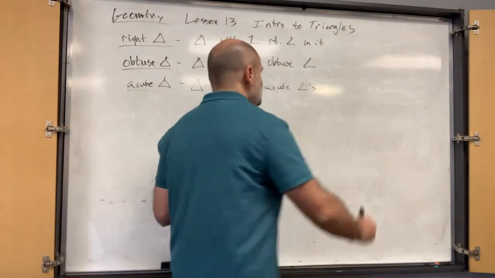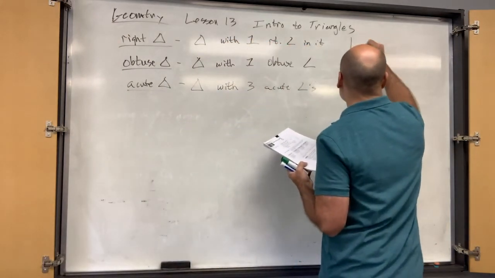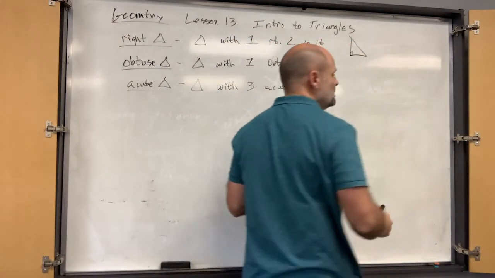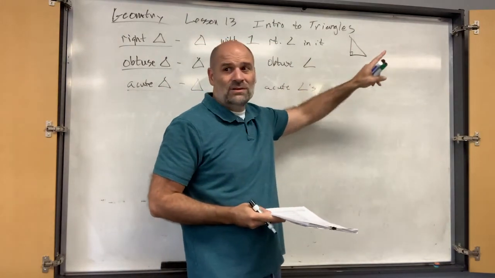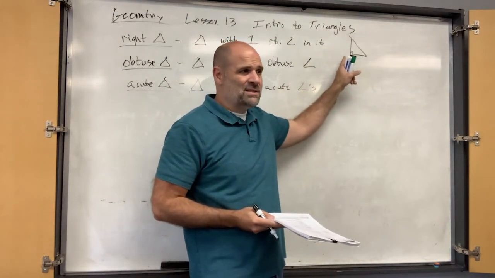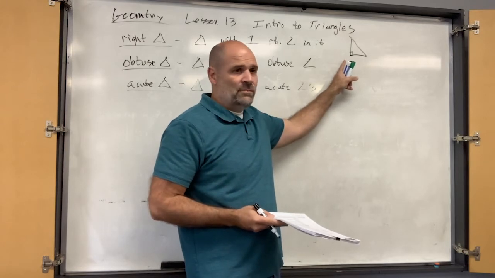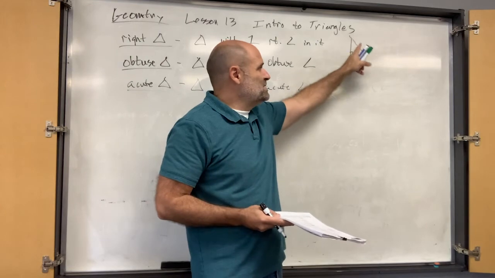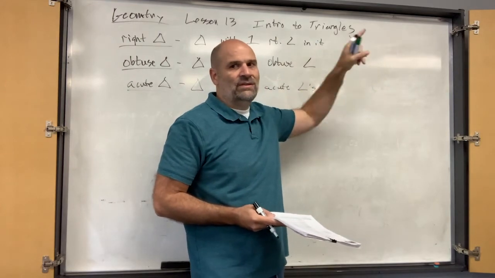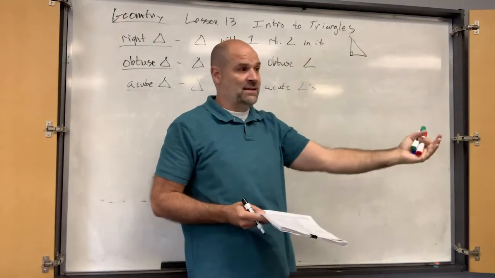Okay, so here's a right triangle. It just has to have a right angle in it, but see that the other two are acute. You can prove that mathematically, because remember, all three have to add up to 180. So if this is 90, these two have to add up to 90, so they're less than 90.